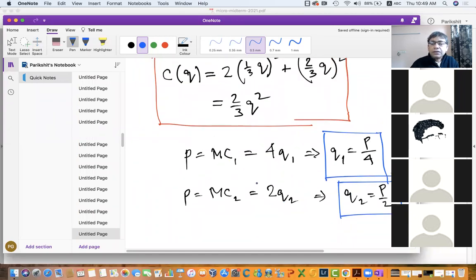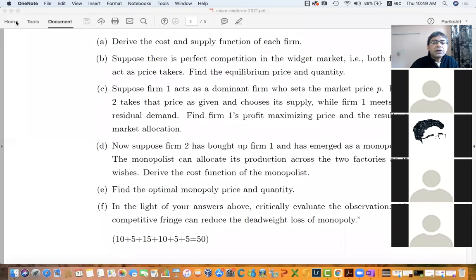Okay, so what is the residual demand? The entire demand subtracted from the supply that firm 2 gives. Right. So what was the demand function?